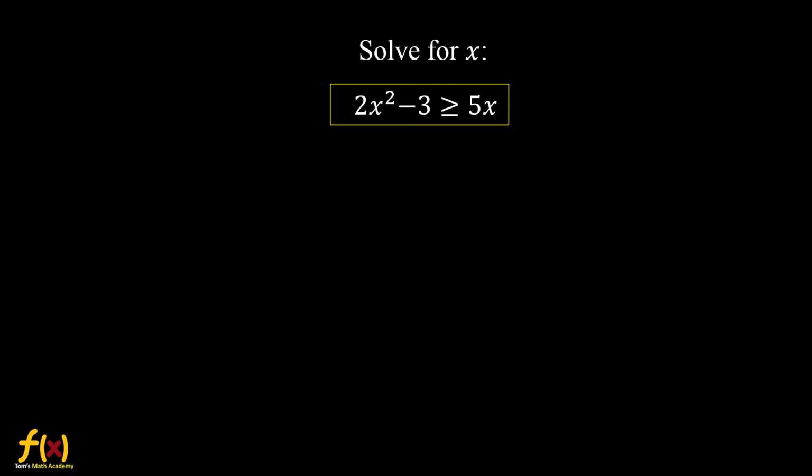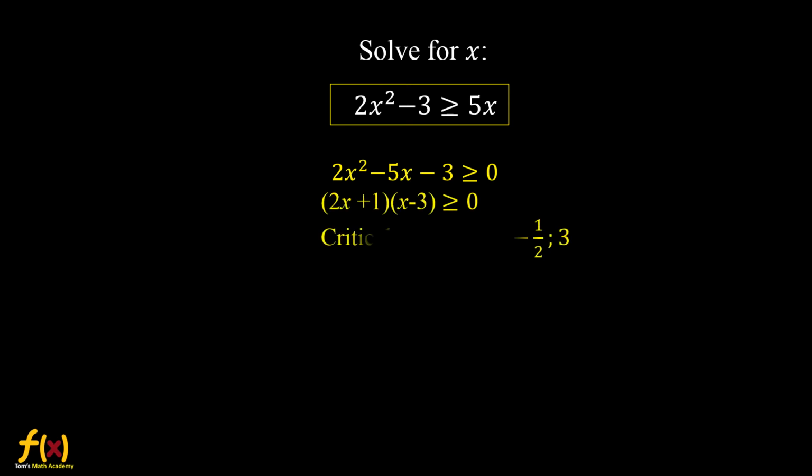Look at this question. 2x squared minus 3 greater than or equal to 5x. The inequality is not in the standard form, so we modify and get the standard form. That is our first job. Factorize carefully. Get the critical values.